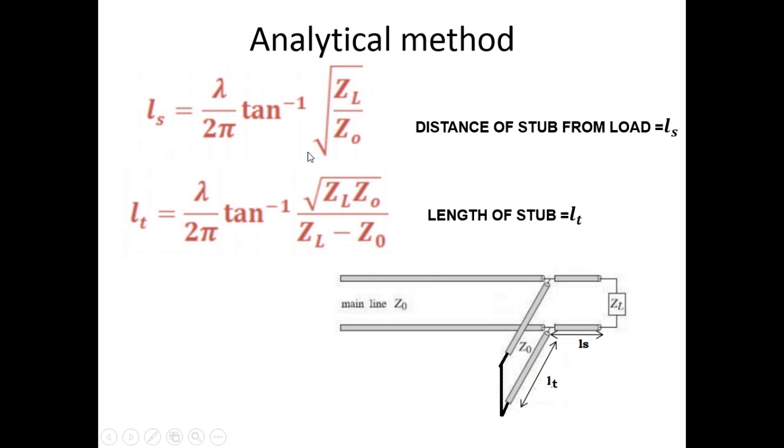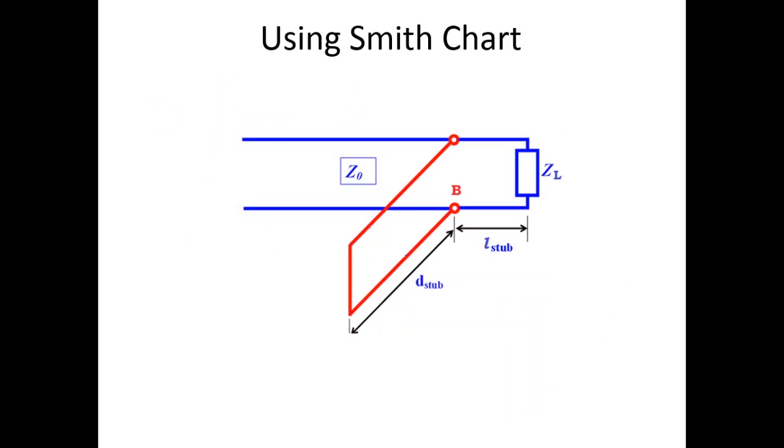Based on these values, you can calculate LS and LT. If you know LS and LT, you can calculate the stub properly. Length of stub and distance of stub is known. You can connect the stub. So that's the design part. So this is the analytical method, and let's proceed with the Smith chart method.